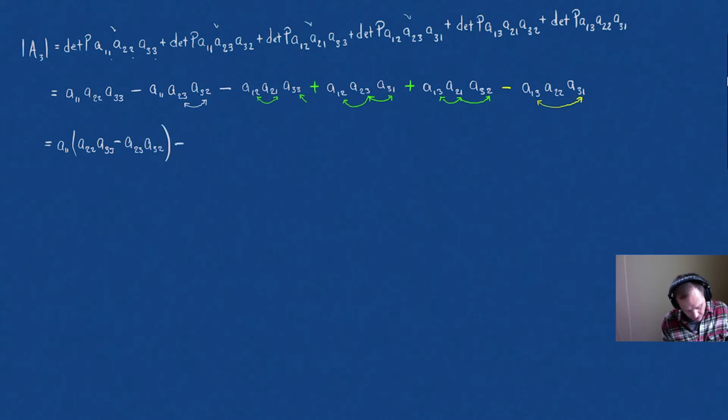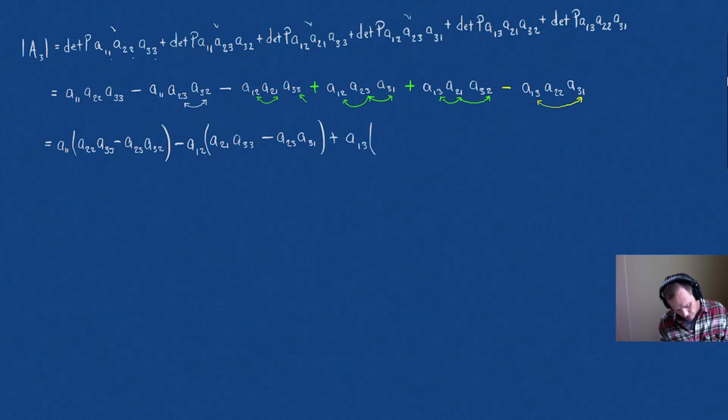And then let's say I have a minus A12, and then I would have an A21, A33 minus A23, A31, and then plus an A13 times A21, A32 minus A22, A31. Now, I need to show you where those are coming from.